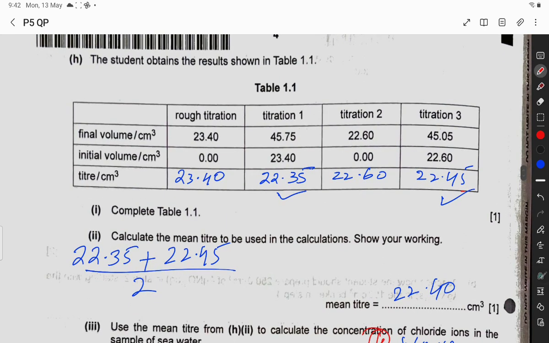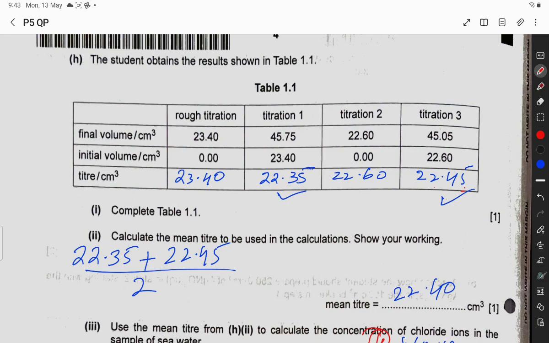Now these two values, 22.45 and 22.35, are the best titrations. Look at the closer values which have less difference between two volumes, so those are the best titrations. This is 22.35 and this is 22.45, and the difference between these two values is 0.10.